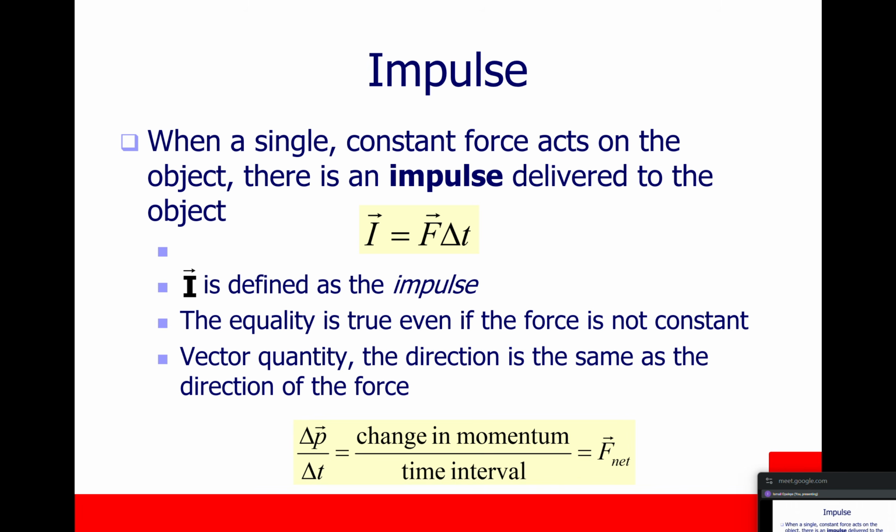But if you are having two times, you must get the difference between those two times and multiply it with the given force. Here, I is the impulse, and the equality is true even if the force is not constant. It's also a vector quantity, and the direction is the same as the direction of the force.